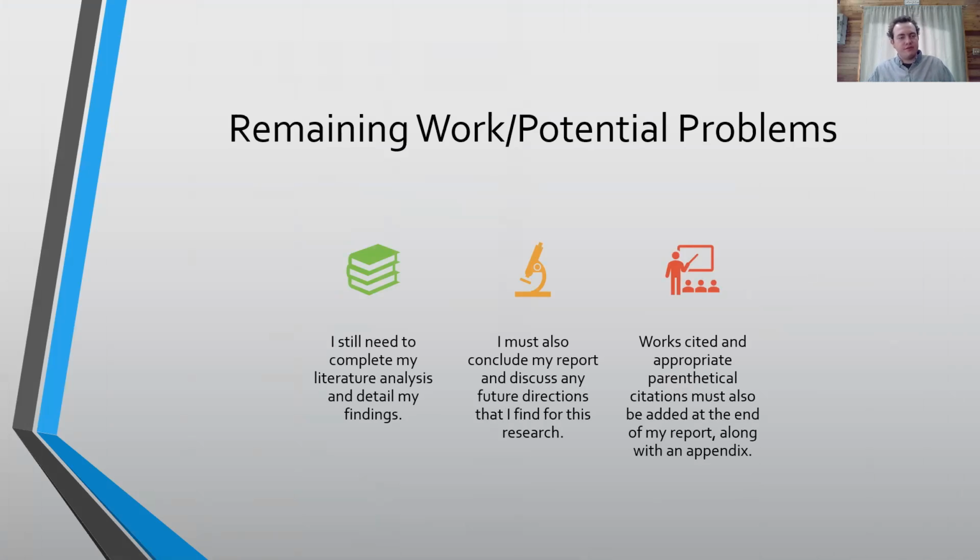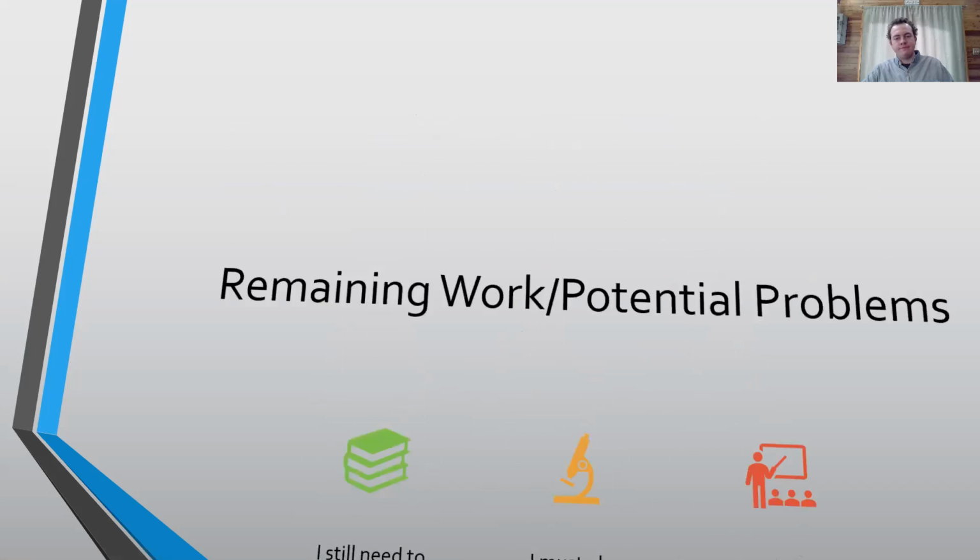I also have to conclude my report and discuss any future research that can be done for this, and add a works cited, and I'll have to add more citations in and create an appendix of vocabulary so that the reader can reference that at any time instead of having to dig through my report.